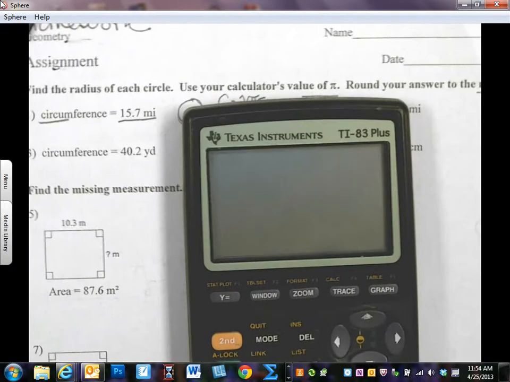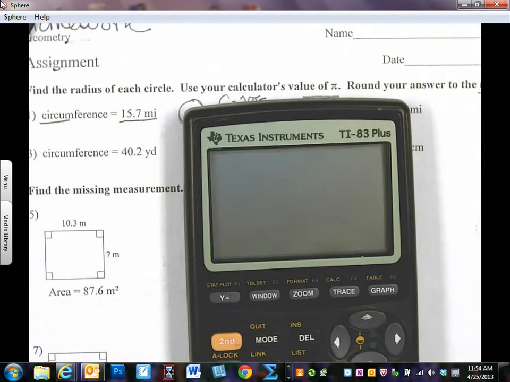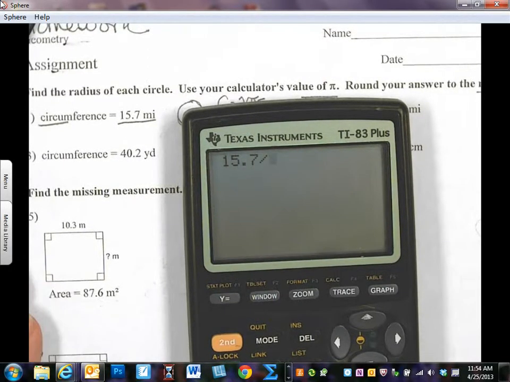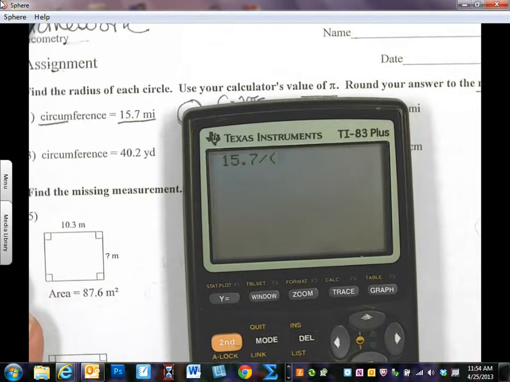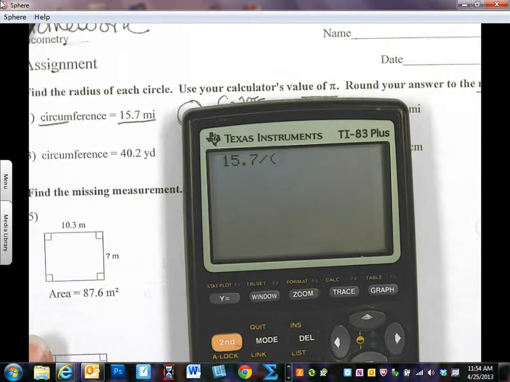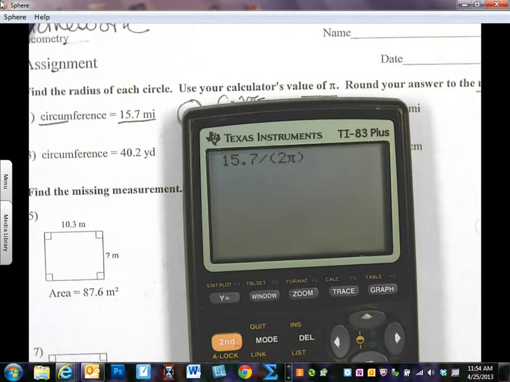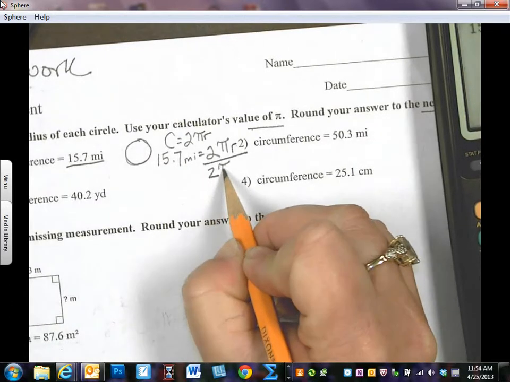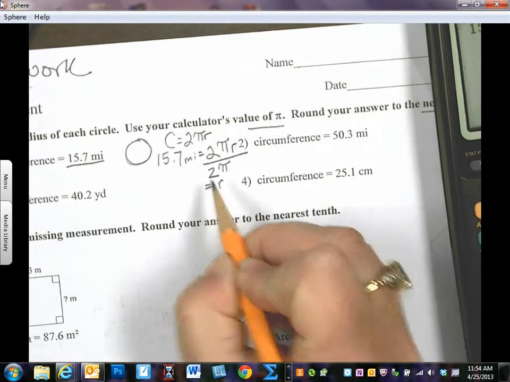With a calculator, I would put parentheses here, so you make sure you're dividing by the same thing, 2 pi. Does that make sense? Because when I do this, I'm going to divide by 2, and I'm going to divide by pi. That's going to leave me with r.